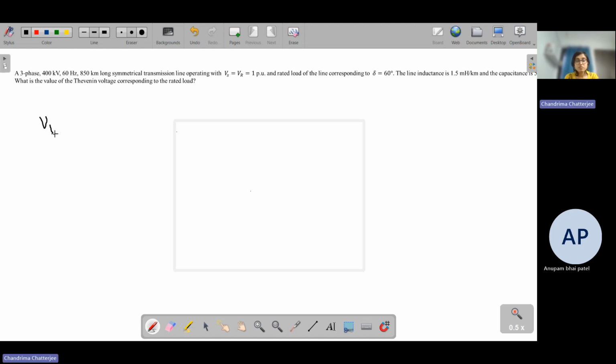So VTH was V cos delta by 2 by cos beta L by 2, and the angle we don't have to consider for now.